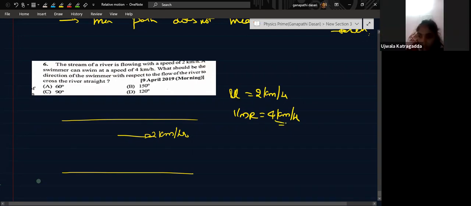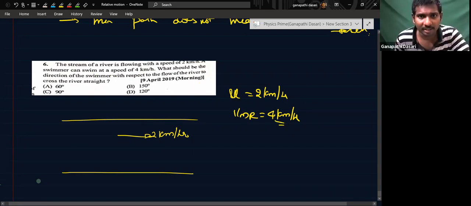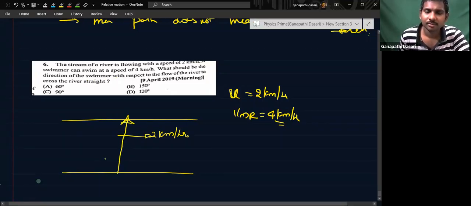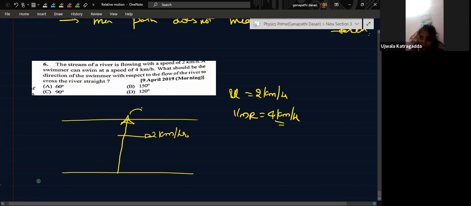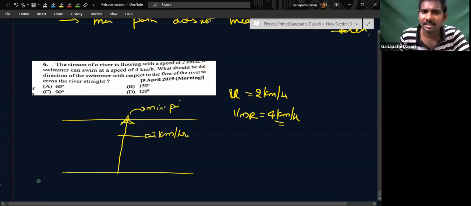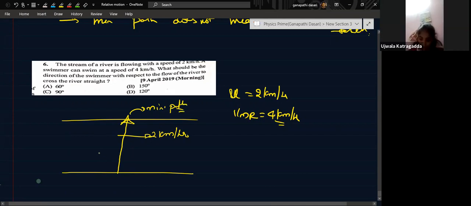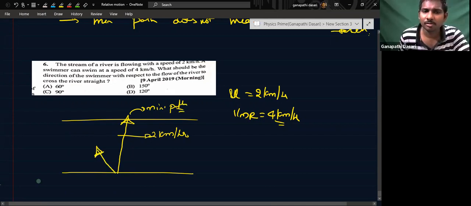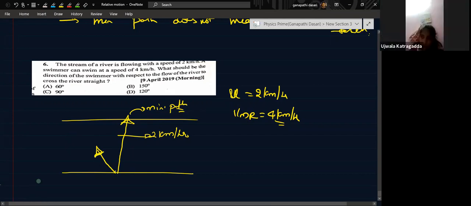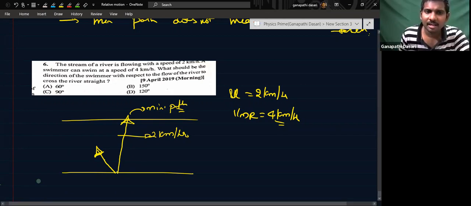What should be the direction of the swimmer with respect to the flow of water to cross the river straight? Crossing the river straight means minimum path, the shortest path. With some angle he should row like this. If he points like this, he will go exactly along the shortest path.